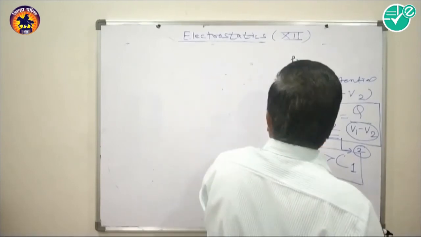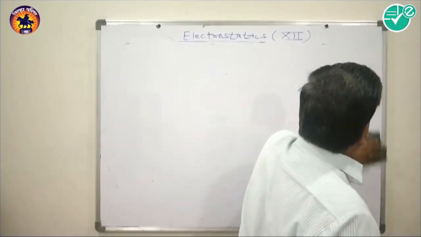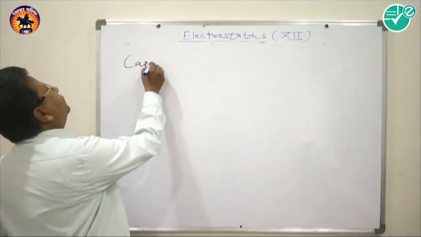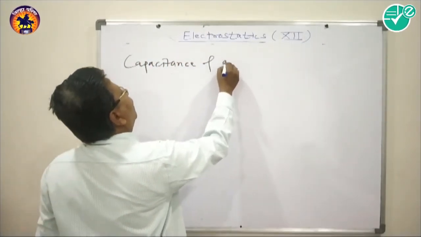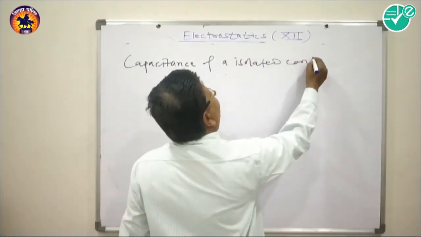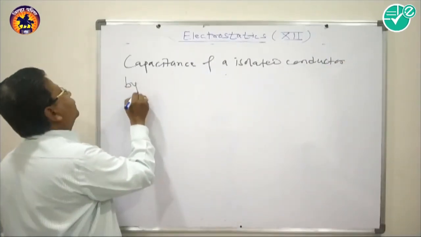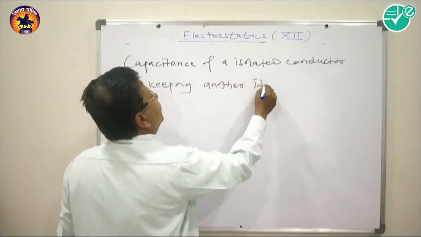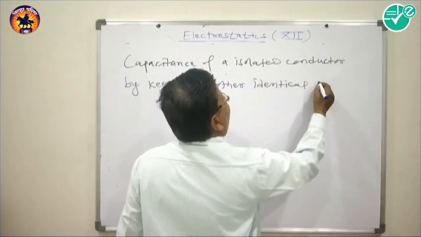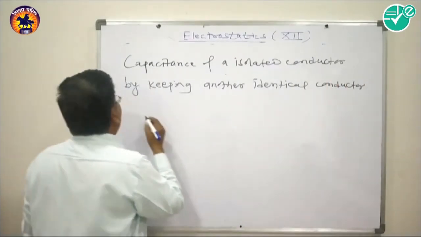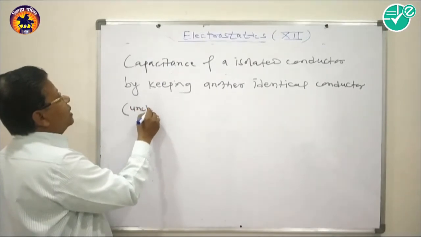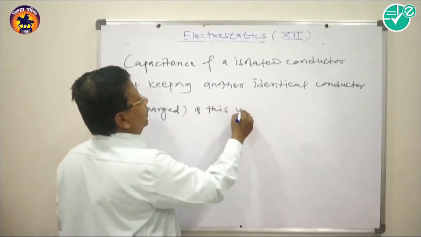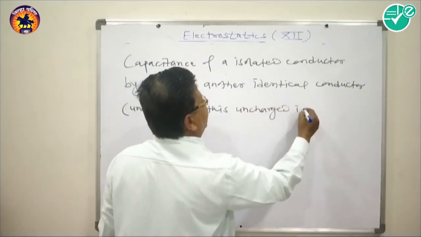So in words we say that the capacitance of a conductor can be increased by keeping another identical conductor, which is uncharged, near it, and this uncharged conductor is connected to earth.